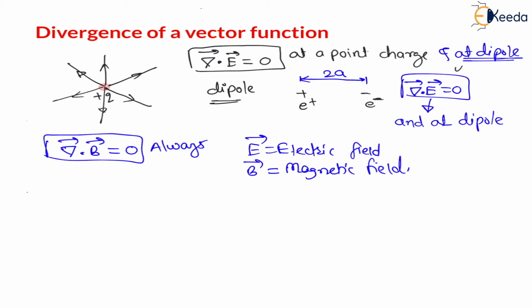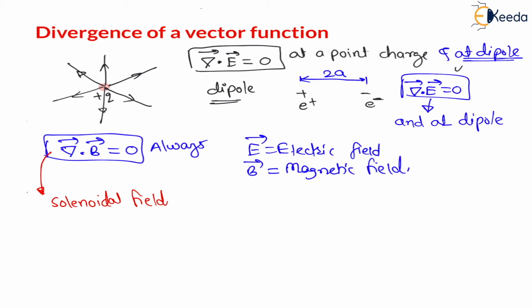Always 0. And my dear students, such a field is called a solenoidal field. Now, what is the meaning of solenoidal field? Solenoidal field means the field in which divergence is always 0.